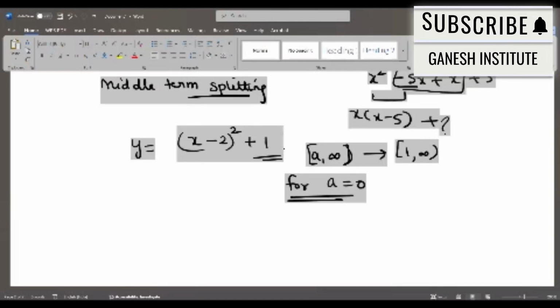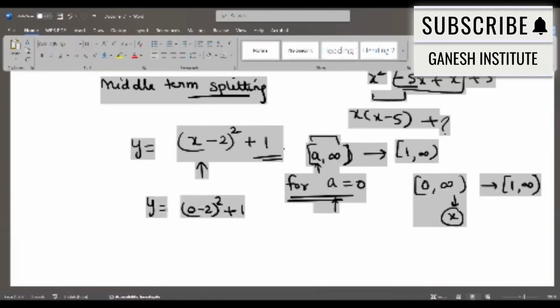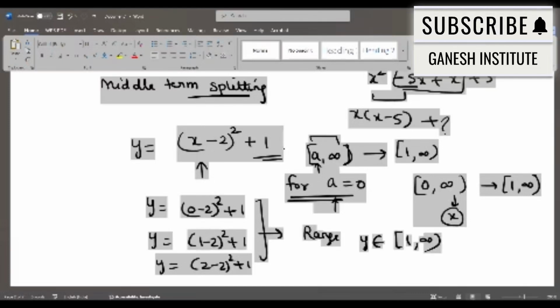Yeah. So if you have A0, that is 0 to infinity, you substitute anything, 0 to infinity, anything. This is for x, right? So if you substitute anything like 0, 1, 2, you will find out that it is giving you the range, the answer y belongs to 1 to infinity.